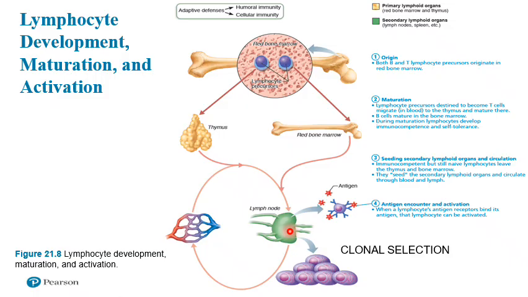The lymph node is pretty much filtering the lymph, which is the fluid they get from the extremities and all over the body. Most of the time the antigen encounter and activation happens right there in the lymph node, where a lymphocyte's antigen receptors bind to its antigen, and then the lymphocyte is activated.